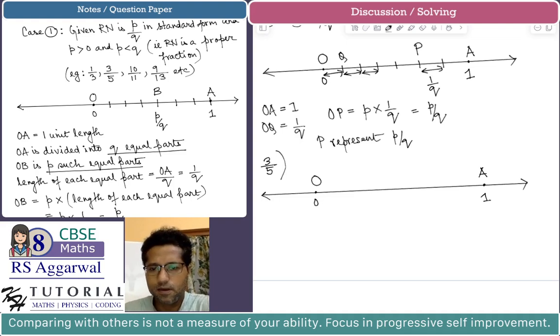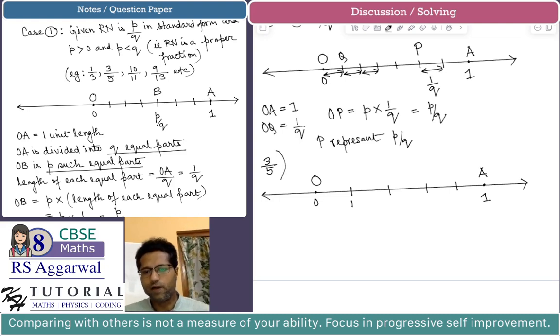So let's say I divide 1, 2, 3, 4 and 5. It need not be very exact marking, but roughly approximate. So I divided OA into 5 equal parts.